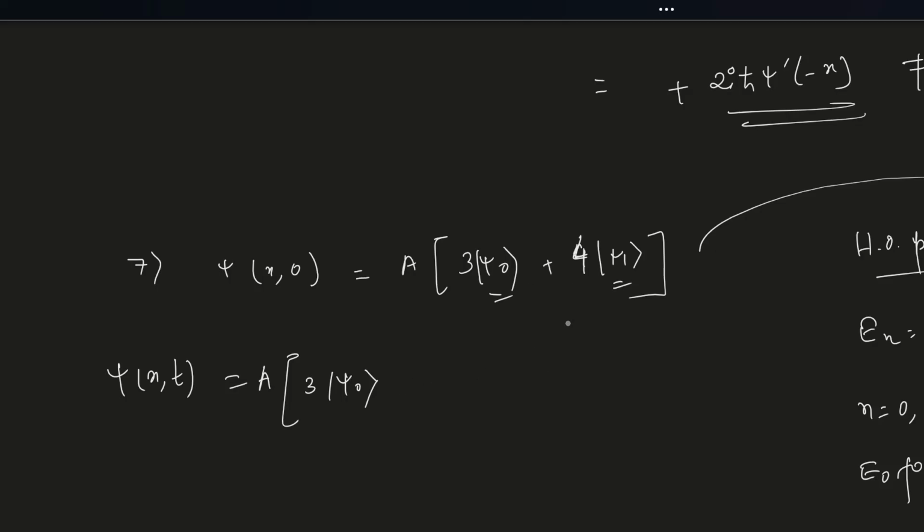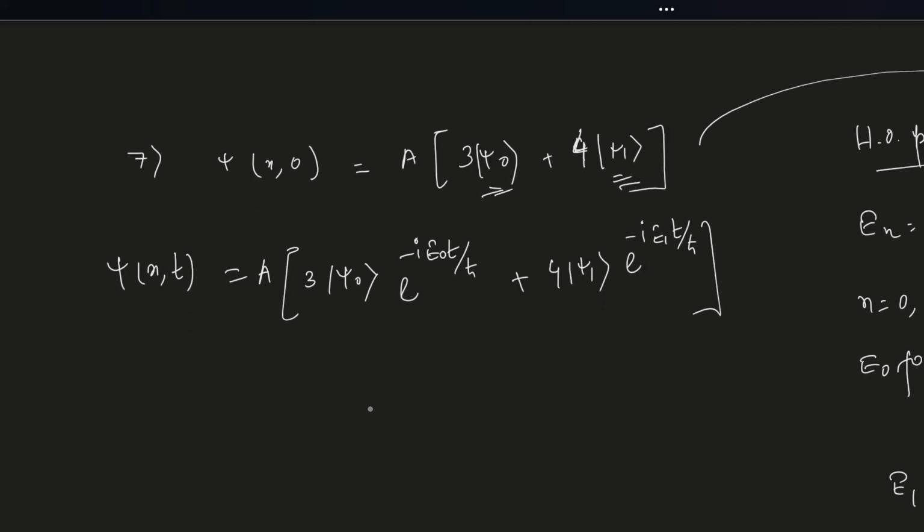One is E naught and another is E1. So the E naught term will be with this and the E1 term will be with this. So a times 3 psi naught e to the power minus i E naught t by h cut plus 4 psi 1 e to the power of minus i E1 t by h cut. So this is our form.